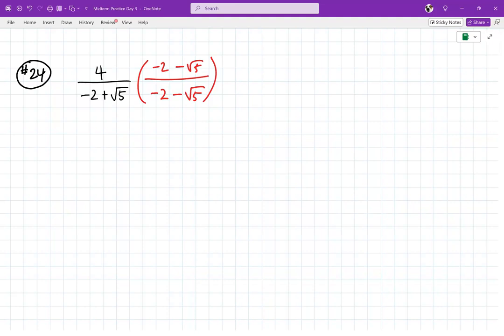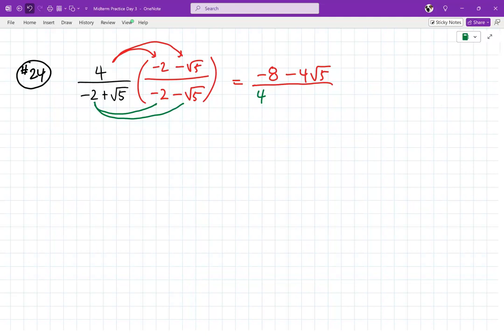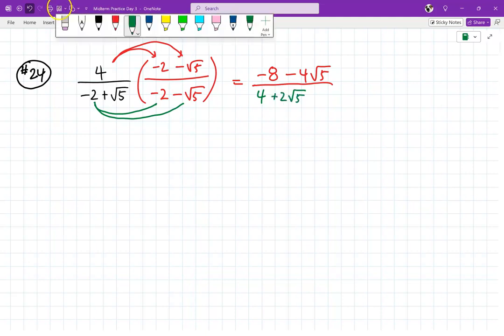And then from there, it's just what we normally do, distribute and simplify. So we're going to distribute this 4 into both of these. That gives me a -8 minus 4 square root of 5 over, and then on the bottom, -2 times -2 and -2 times negative radical 5 gives me a 4 plus 2 radical 5.